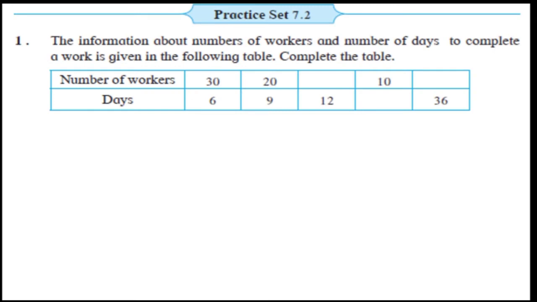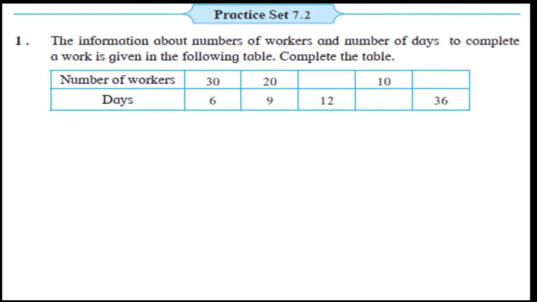Practice set 7.2. The information about number of workers and number of days to complete a work is given in the following table. Complete the table. Here number of workers and number of days are given.